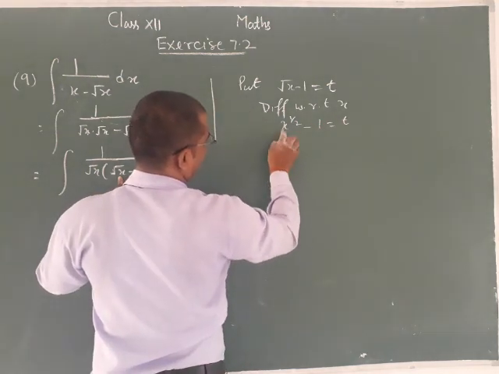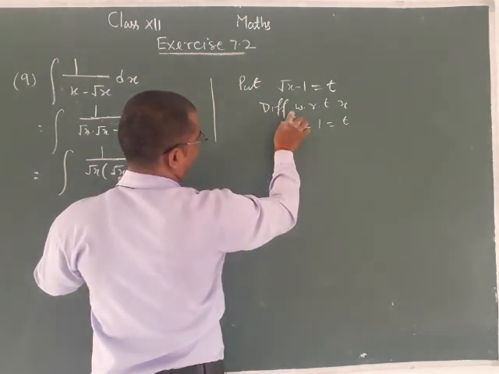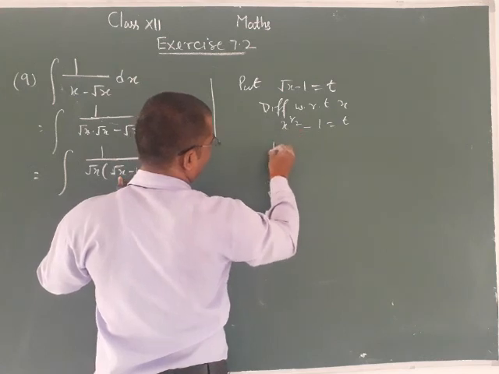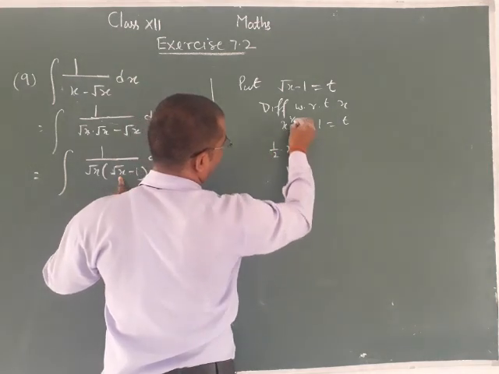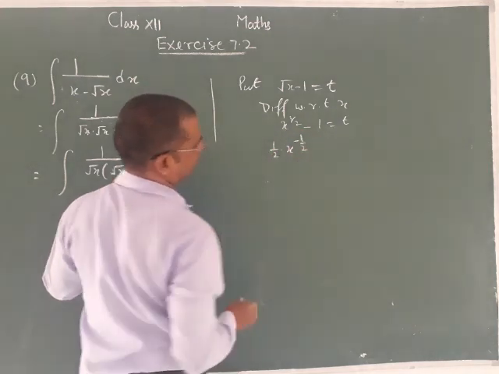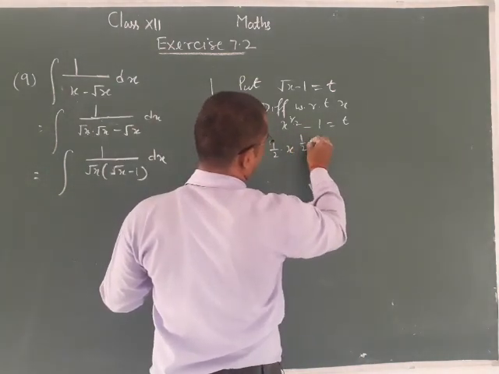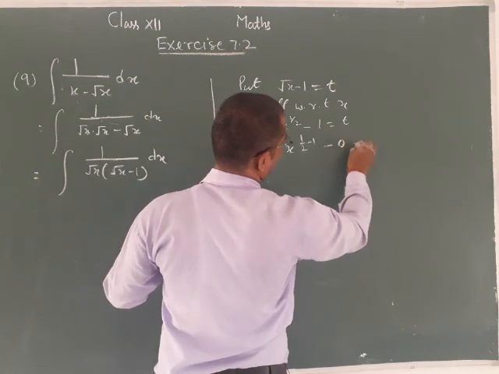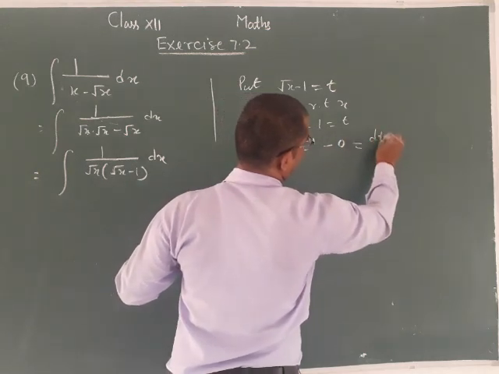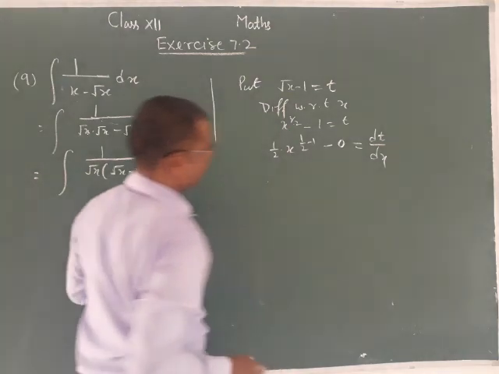So the derivative of x to the power 1/2 is 1/2 x to the power minus 1/2, and minus the derivative of the constant 1, equal to dt upon dx.